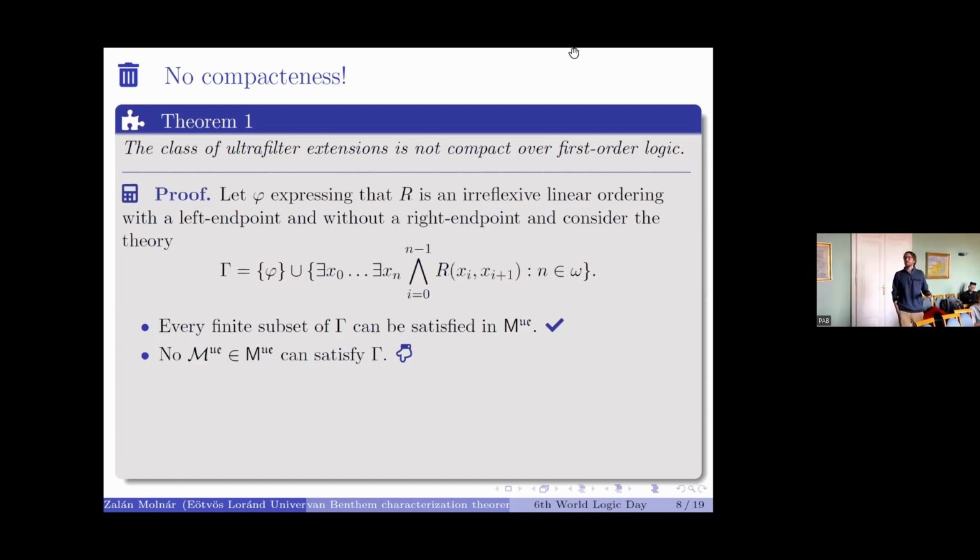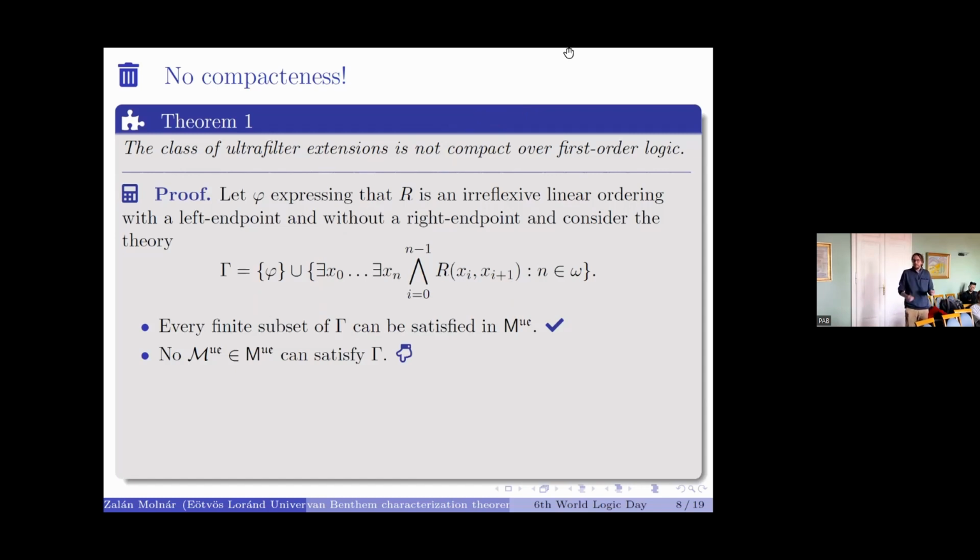The claim is that the class of ultrafilter extensions is not compact over first order logic. Here is a very simple argument to see this. We pick this set of formulas, which basically says that we talk about a linear ordering, and for each n we extend the ordering successively, and it is easy to check that every finite subset of gamma can be satisfied in M. Why?